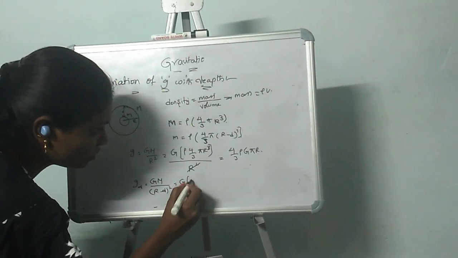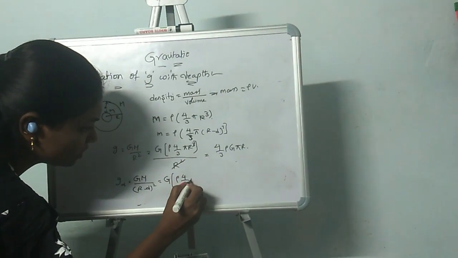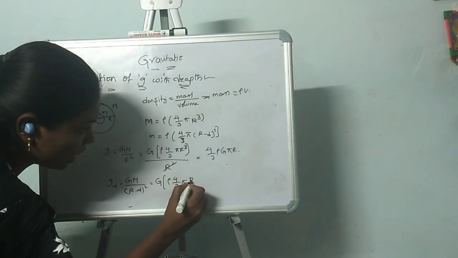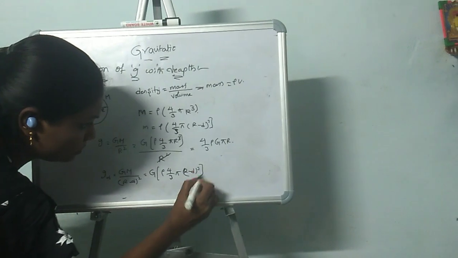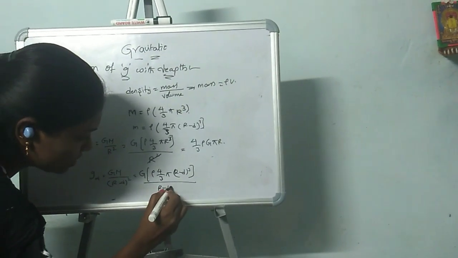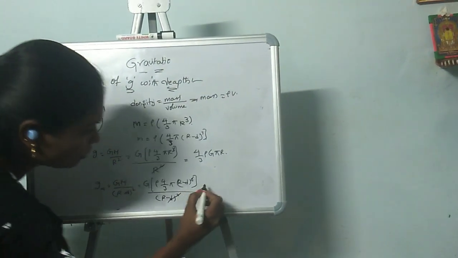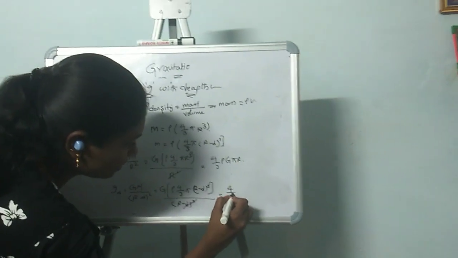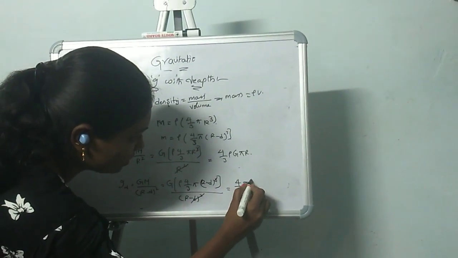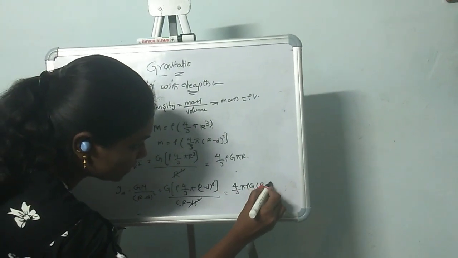We can write G into 4/3 pi (r minus d) whole cube by (r minus d) whole square. We get 4/3 pi rho G (r minus d).